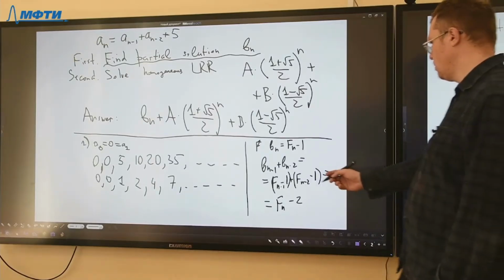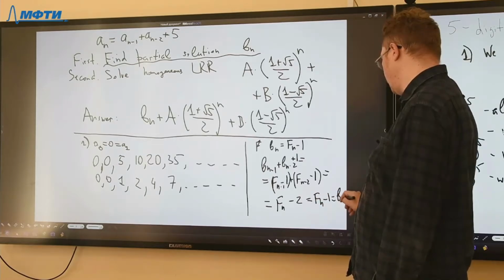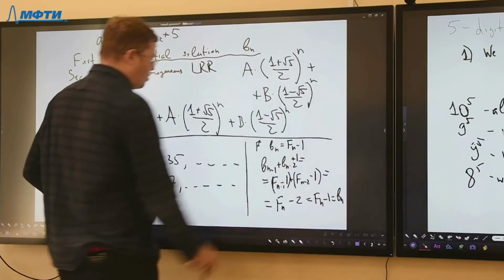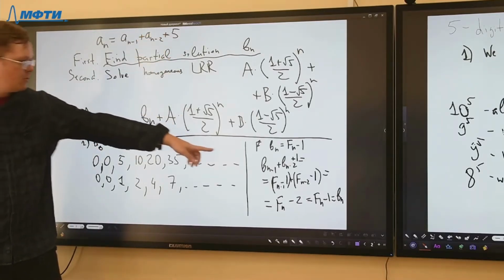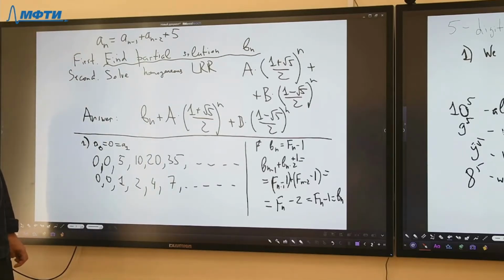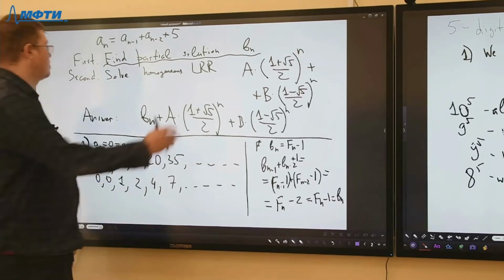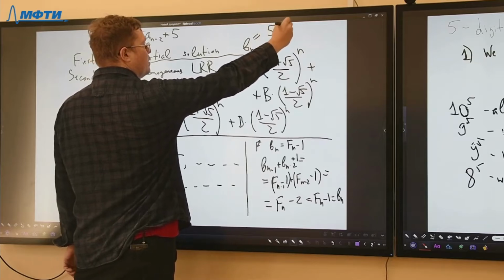And so if you write this plus 1, then it will be Fn minus 1 and bn. So is this a solution where the non-homogeneous part is plus 1? But if this is plus 5, you need to just multiply it by 5. So the partial solution Bn is 5 times Fn minus 1.